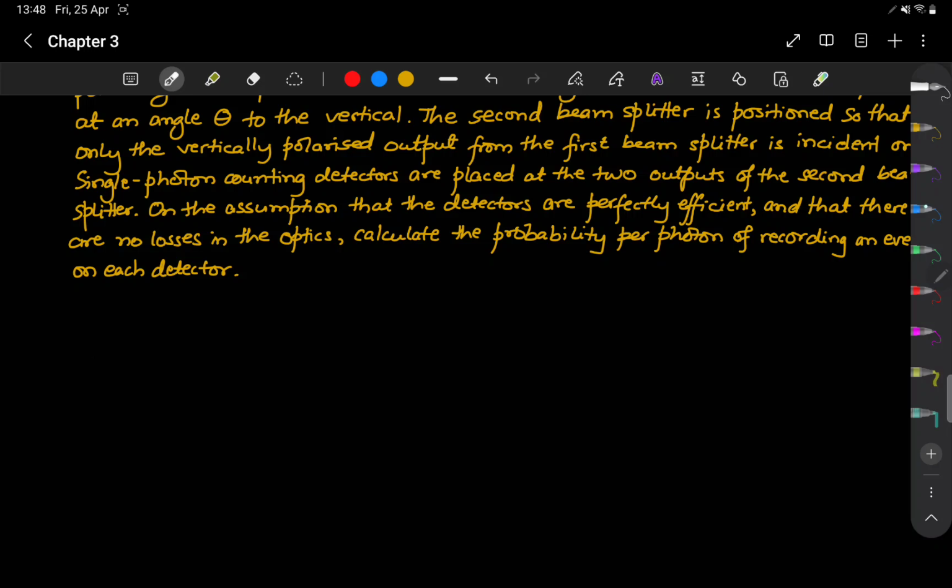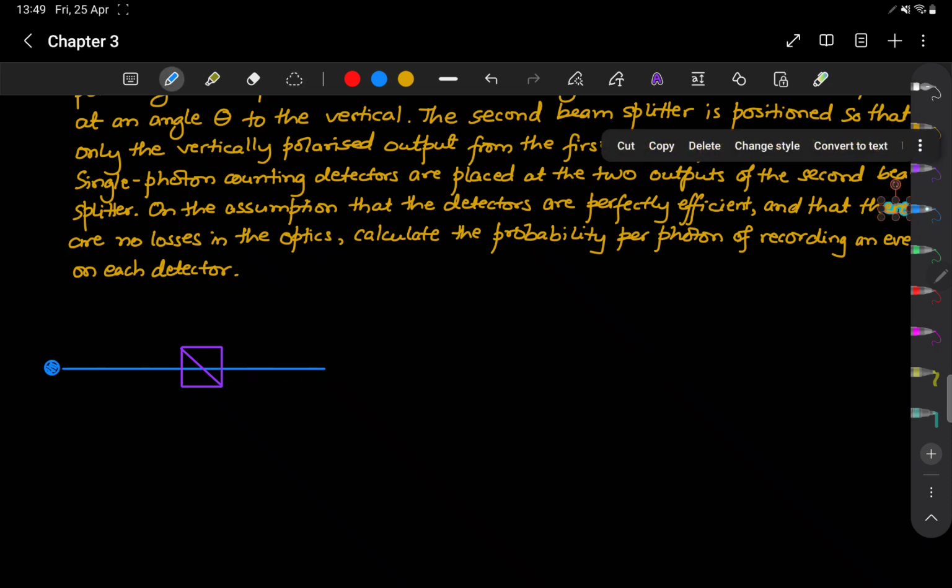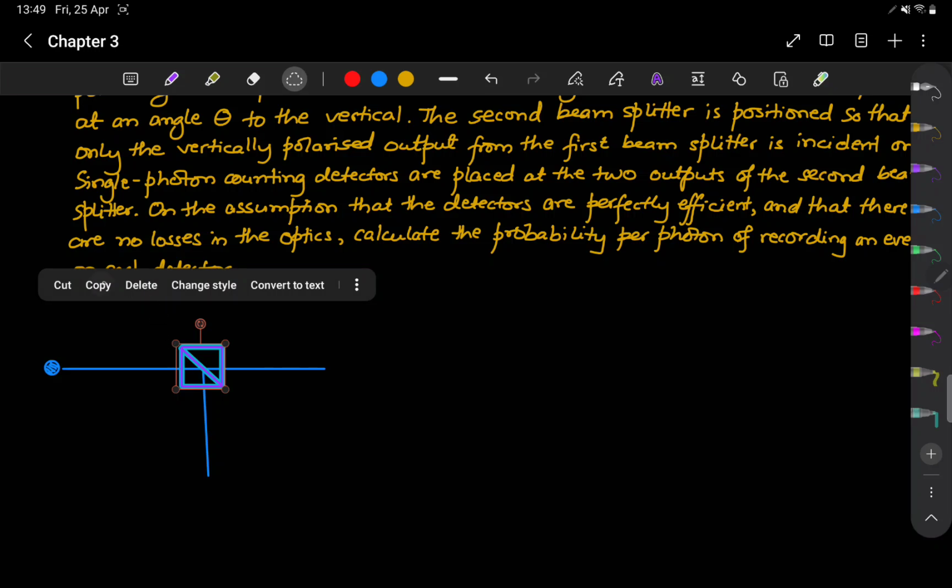So what we have is a source of light which falls on a polarizing beam splitter, and because of the beam splitter some part will be transmitted and some part will be reflected, and this is then incident on a second polarizing beam splitter.